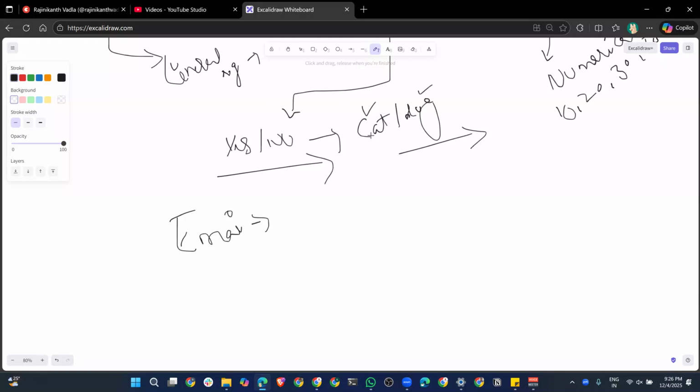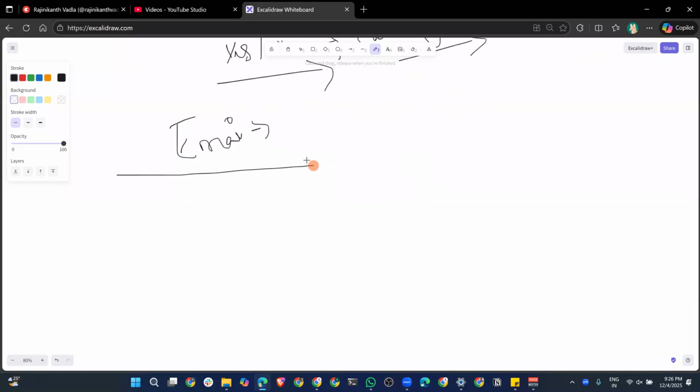In these cases, classification comes into the picture, and there are many kinds: binary classification, multi-class classification, multi-label classification.